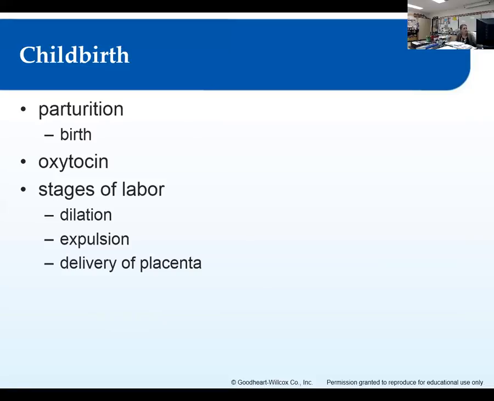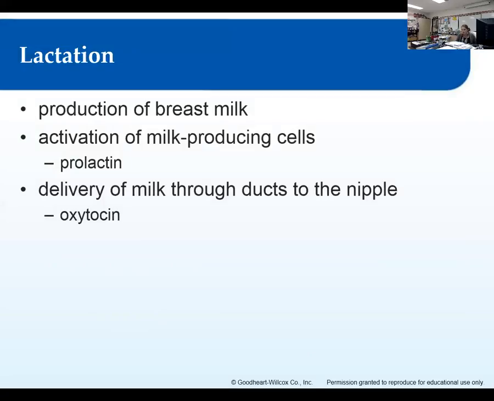All right, lactation. So talking about milk production, breast milk. Production of breast milk occurs in mammary glands. It contains nutrients and antibodies. And that's important to know. Breast milk, they say breast is best.